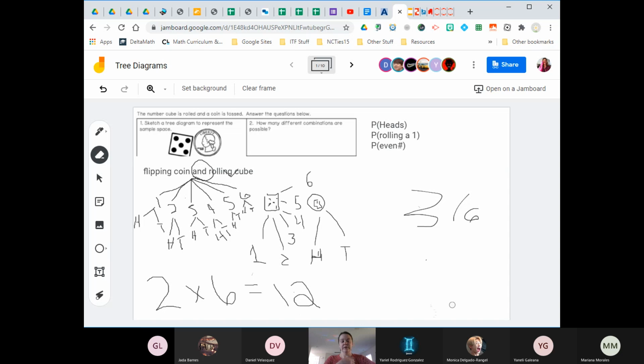What is the probability of a prime number?